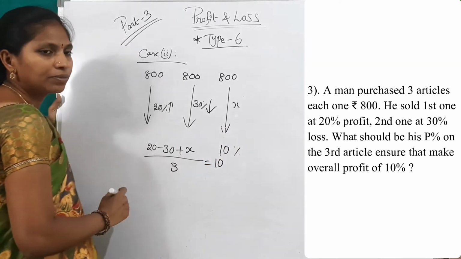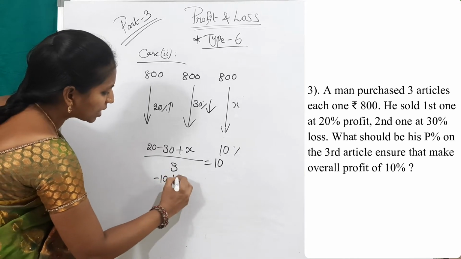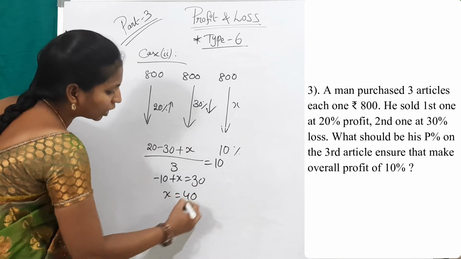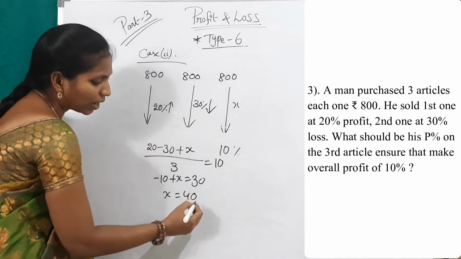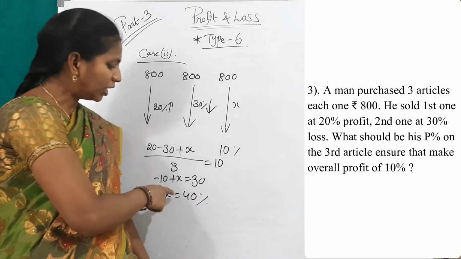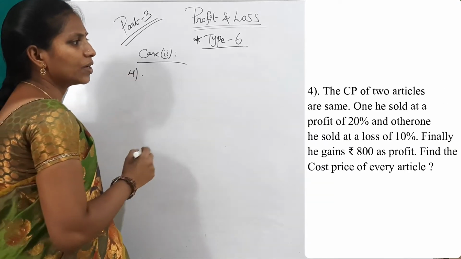So 10. Now 20 minus 30 is minus 10, plus X equals 30, and X is equal to 40. So the X value is 40%. Profit or loss? Profit.